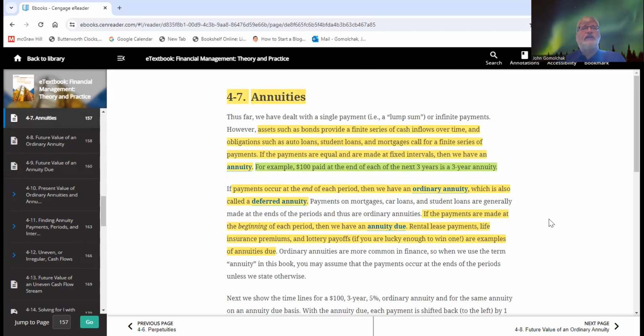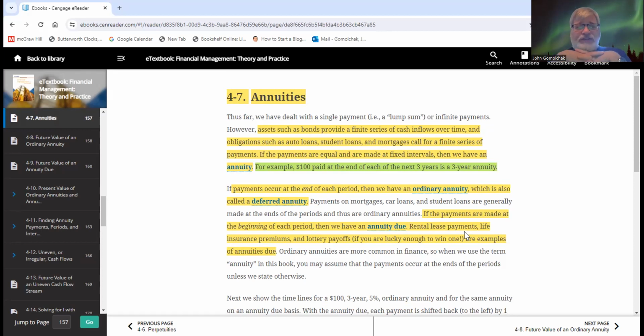All right, so now let's get a little more complicated. We've done a lot so far about how to do present values and future values. And we've now calculated the present value of something that doesn't have an end. It has a flow into the future. Let's talk about annuities. Okay, so what is an annuity?